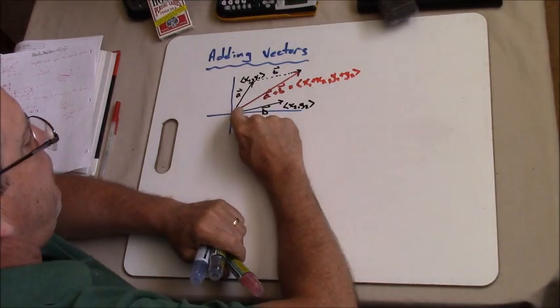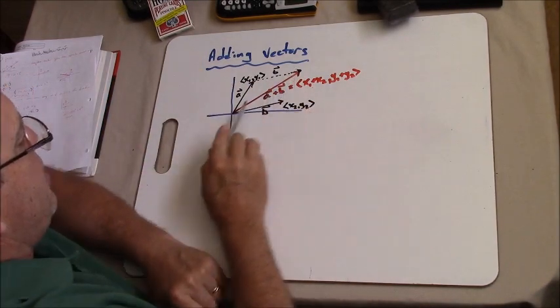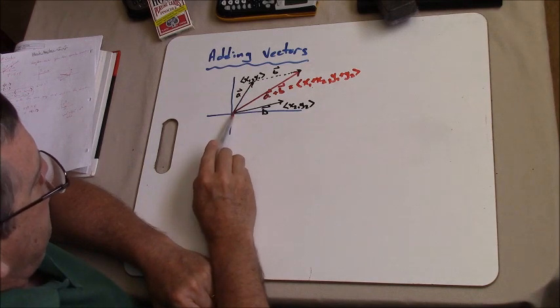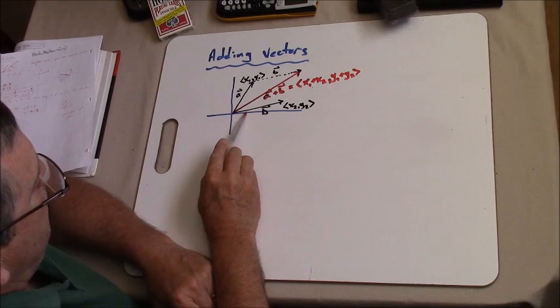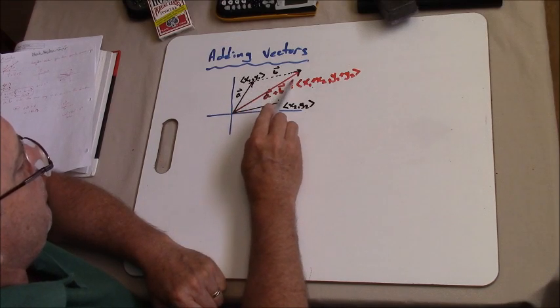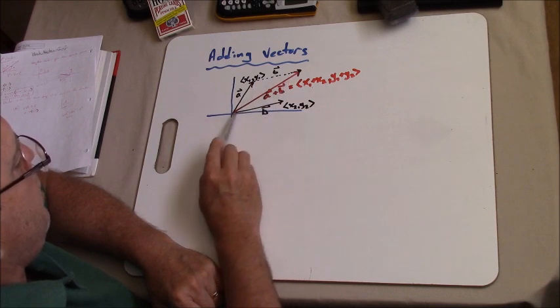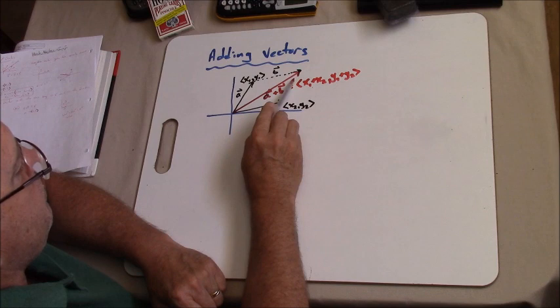To figure out how far out this red vector went, I take the x value for vector A, which goes to about right here, and whatever the x value was for vector B, up here, and I'm just adding those two together. Here's my x1, here's my x2.